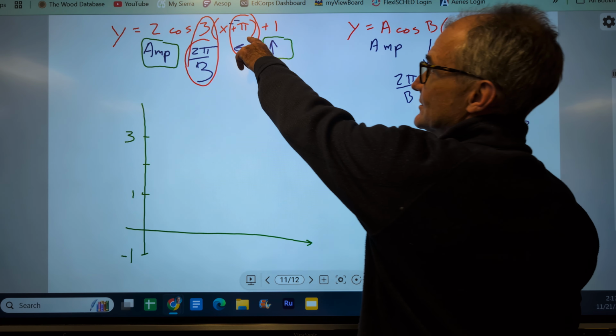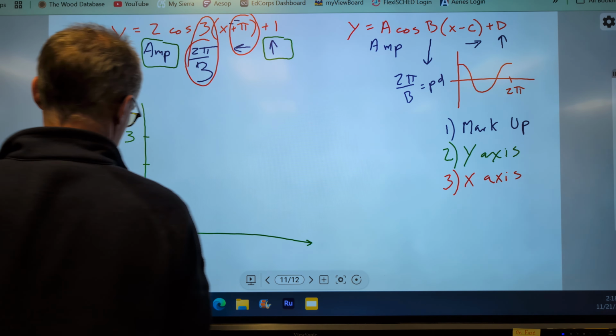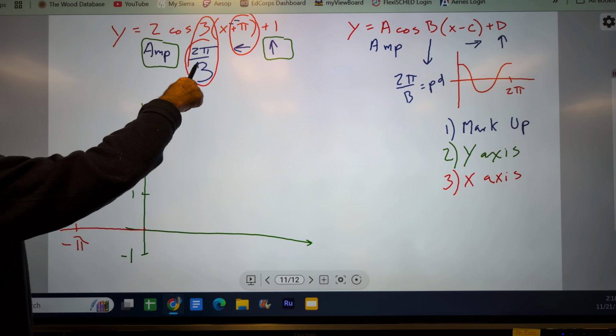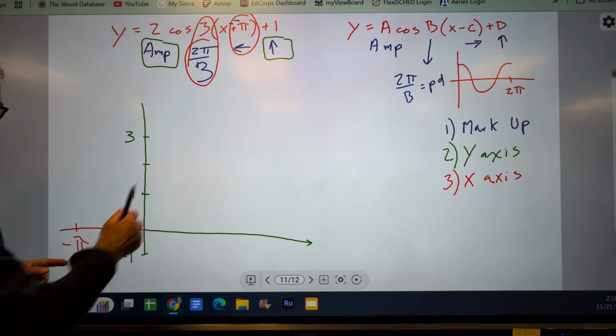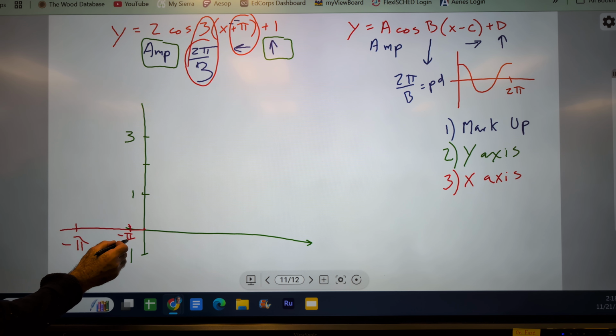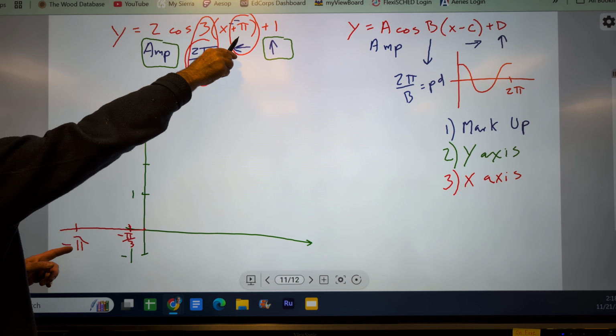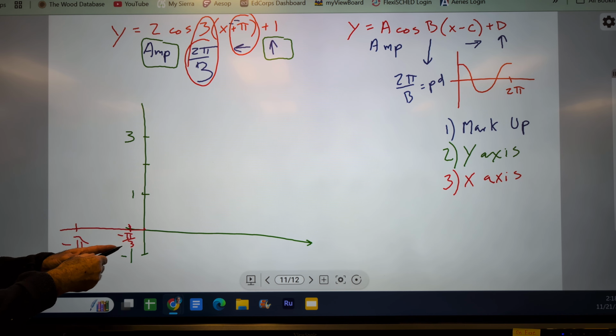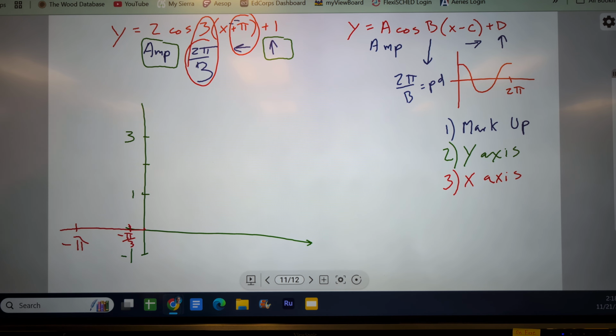So I start at negative pi, and I travel 2/3 of pi. I start here at negative pi. I end at negative 1/3 pi, right? Negative pi plus 2 pi over 3 is 2/3 pi, puts me at negative 1/3 pi.